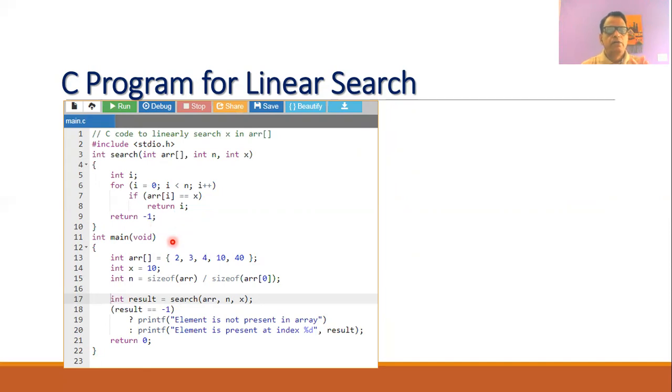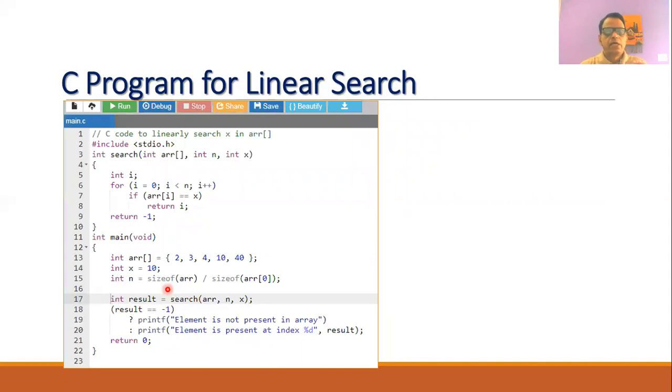Now in the main function, we declare the array and assign values to the elements of the array, such as 2, 3, 4, 10, and 40. Then we set the search element X equal to 10. So we want to search whether the element value 10 is present in the array or not. Now we compute the number of elements of the array by using the sizeof operator.